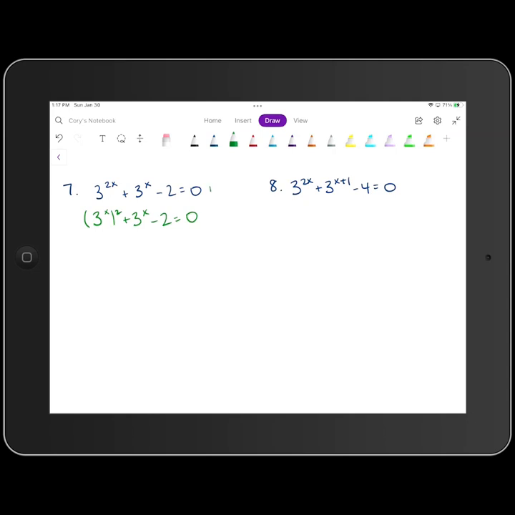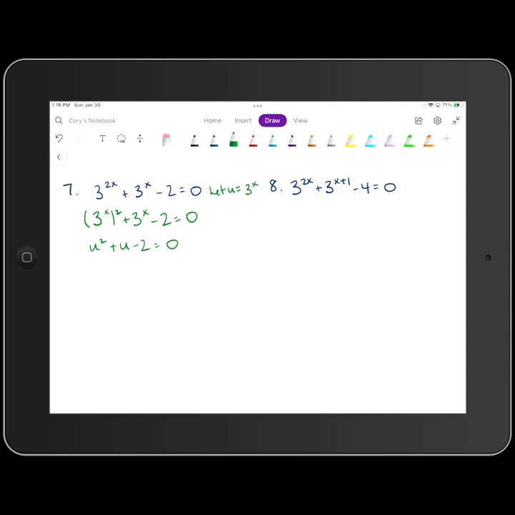If we do a u substitution here, if we let u equal 3 raised to the x power, then I can express this exponential equation in a quadratic form. This is like saying u squared plus u minus 2 is equal to 0.